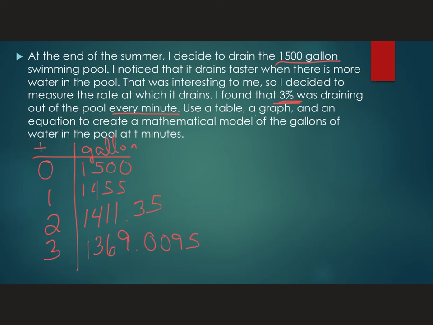So if I wanted to do a graph of this, I start up here at like 1,500, and then it curves down and gives me that curve. Okay? So then let's look at our equation for it. Our equation, we have 1,500 gallons as our starting point.